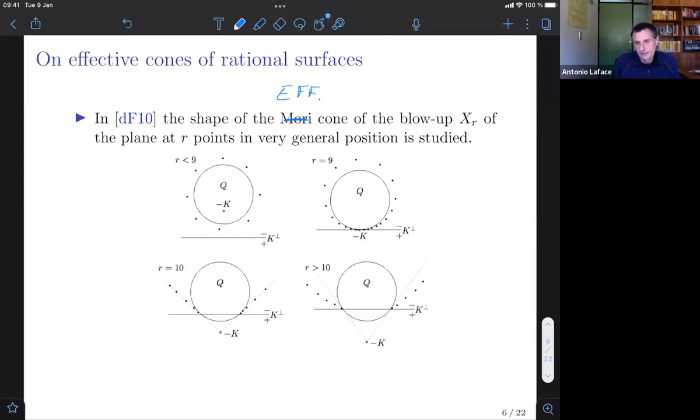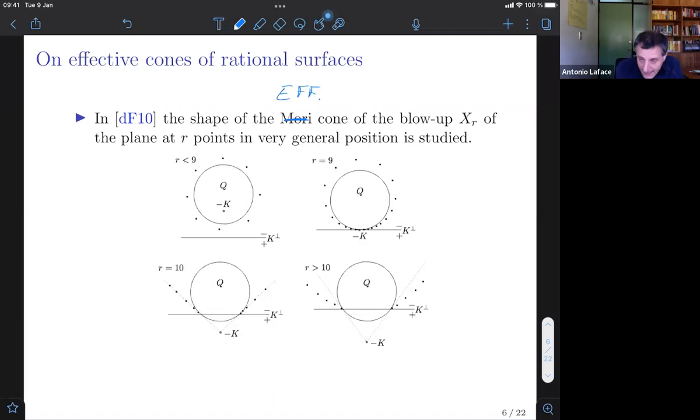The first picture is the very well-known one, just the del Pezzo surface. We are blowing up fewer than 9 points, so a finite number of negative curves, and the convex hull of this is containing the cone Q. Then when you blow up 9 points in very general position, there are infinitely many -1 curves, and they have a limit point in the anticanonical class.